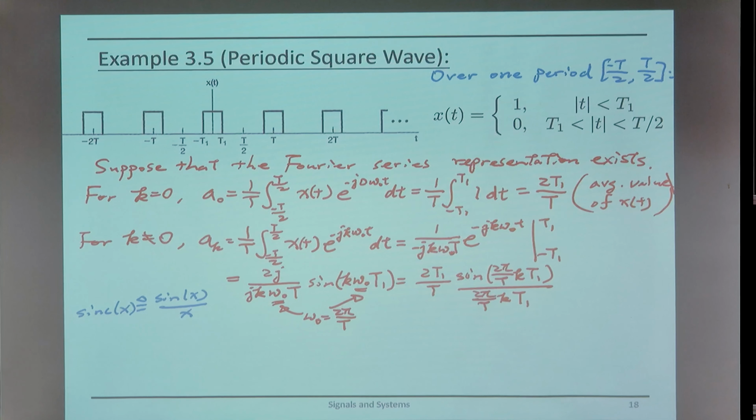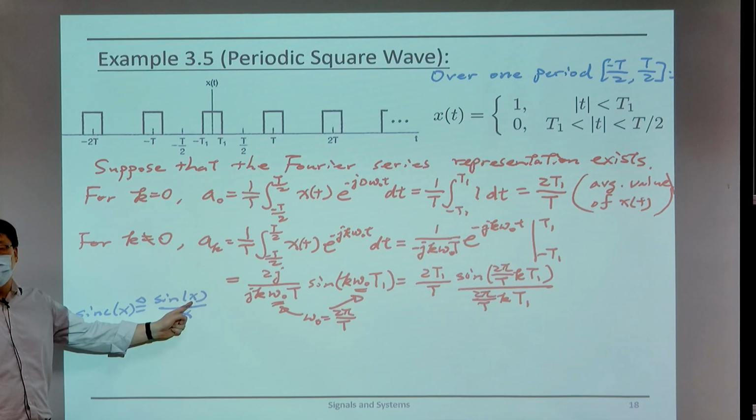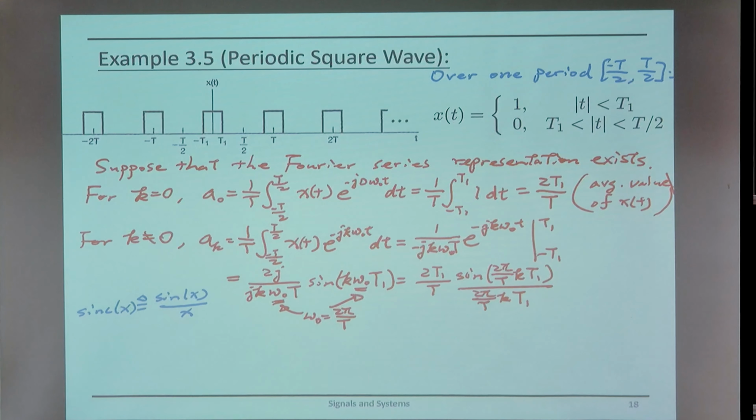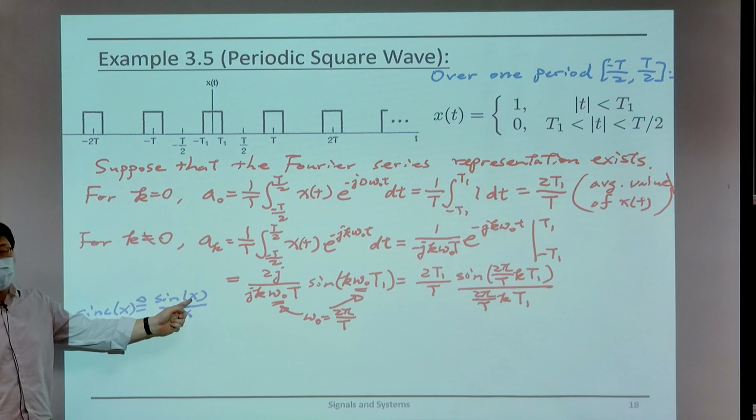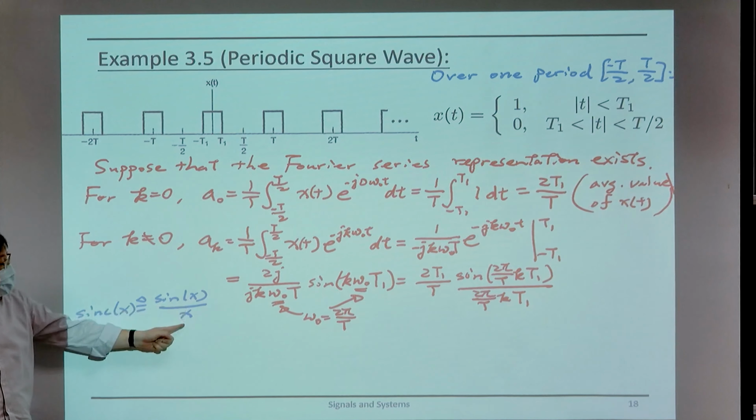You know that sine is periodic, and it is equal to 0 whenever x is an integer multiple of pi. But when x is 0, the denominator is also 0.